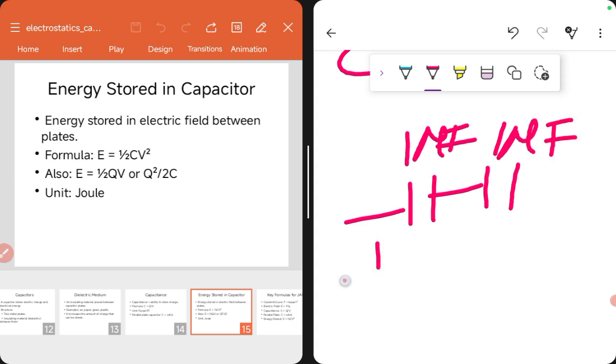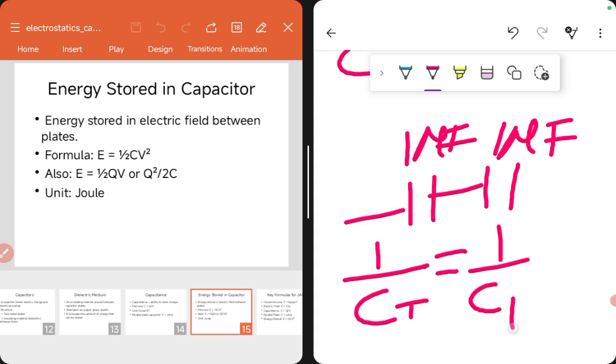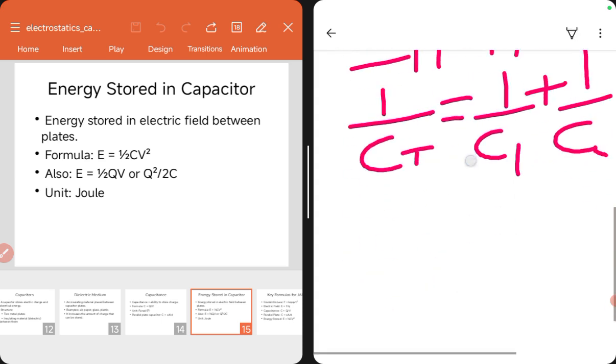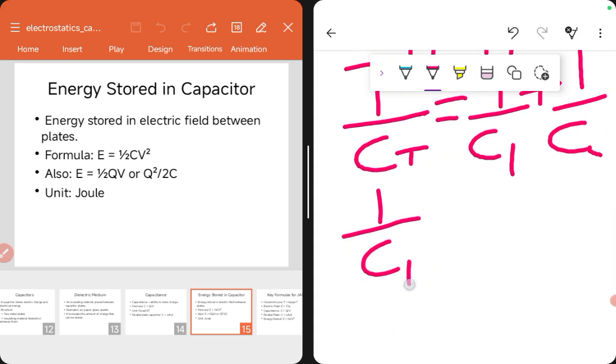What you do is that 1 over total capacitance will be 1 over the first capacitance plus 1 over the second capacitance. Since both of them are 1, 1 over total capacitance will be 1 over 1 plus 1 over 1.